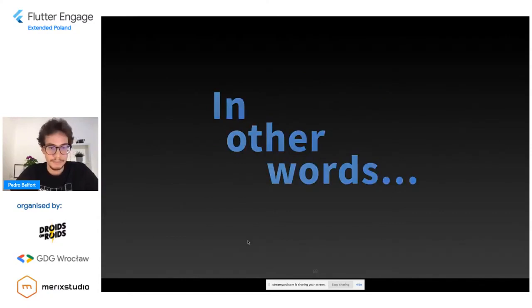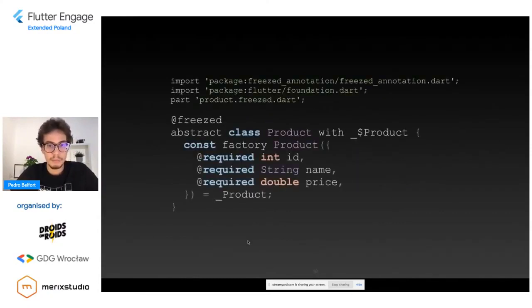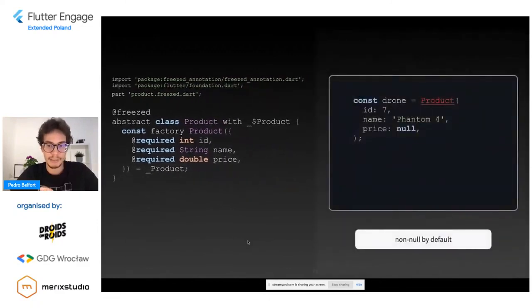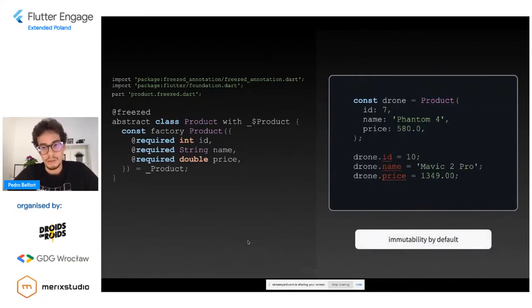In other words, by writing this, you get this. Non-null by default. You don't need to write those assertions anymore. It's non-null by default. This is especially useful if you cannot migrate to Flutter 2.0 yet. You get immutability by default.